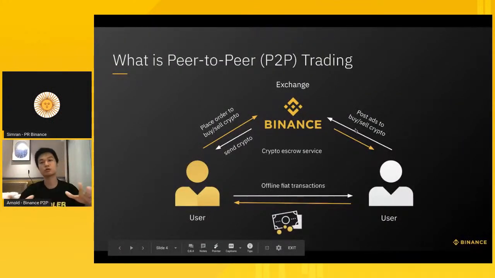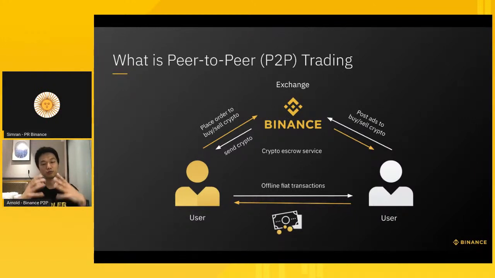Basically, we're a platform that matches buyer and seller and provides escrow services. What that means is, you find people who would like to trade on your own terms, and then you transfer the fiat money, your INR, your PKR, or whatever fiat currency you want to trade in, offline.